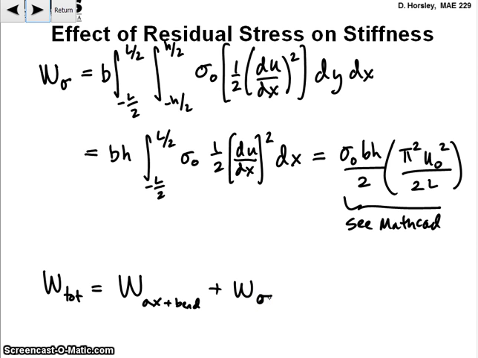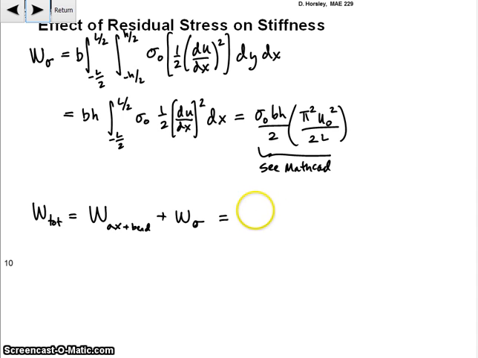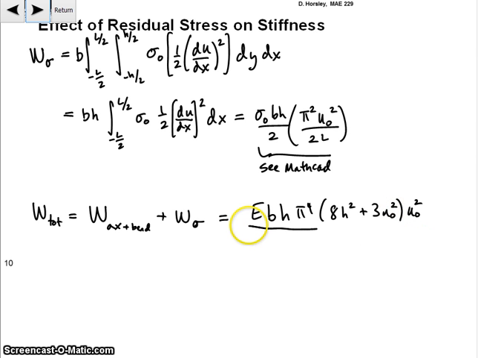If I write all that out, I've got EB times H pi to the 4th times 8 H squared plus 3 U naught squared times U naught squared over 96 L cubed, plus sigma naught B H pi squared over 4L and the U naught squared here.